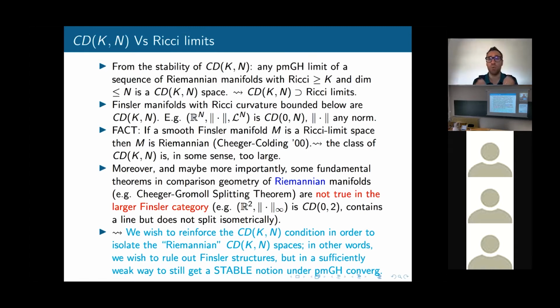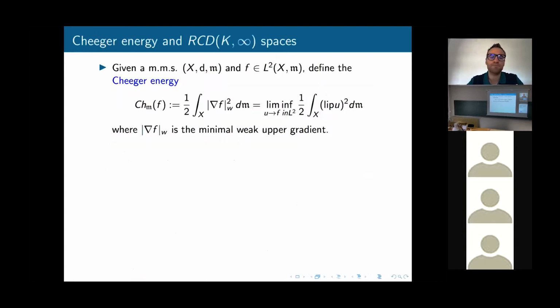And remember that we would like to play the game that we want to have a synthetic notion. So we don't want to appeal to smooth structures and just limits of smooth structures. We want to have a kind of intrinsic way of saying that a metric space has Ricci bounded below by K. Okay, so this is the next goal.